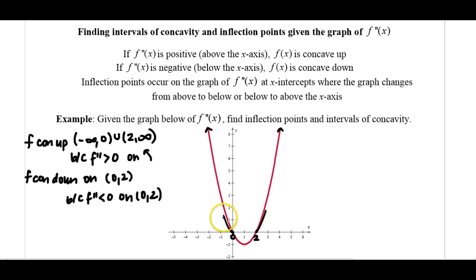So at 0, the graph changes from above to below, and at 2, the graph changes from below to above as we look from left to right. So the inflection points are 0, f of 0, and 2, f of 2. And again, we can't find the specific y values, because this is the graph of the second derivative of x.